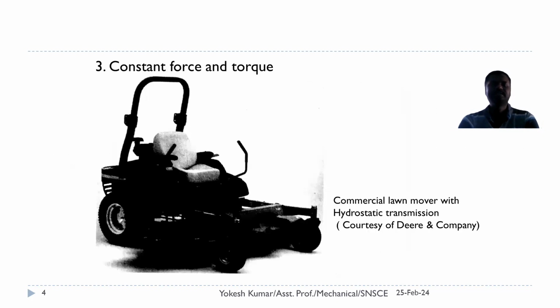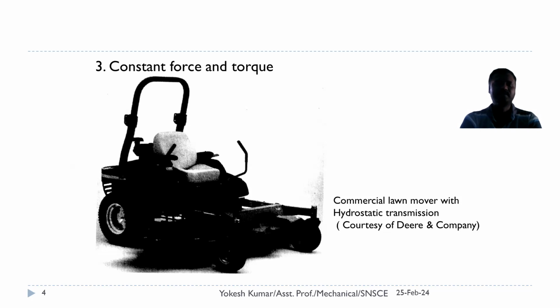Then the third advantage is constant force and torque. Here you can see a commercial lawn mower with hydrostatic power transmission, courtesy of Deere and Company. This lawn mower is used to cut the grass on a lawn. Usually the load for this lawn mower is not constant, because in some parts of the lawn a large amount of grass has grown and the density of the grass may vary.